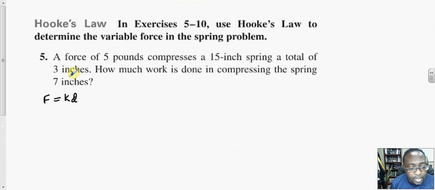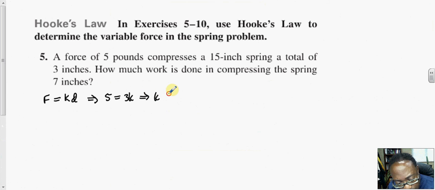The force is equal to 5. So we say this implies that 5 is equal to 3 times k. So the spring constant is 5/3.